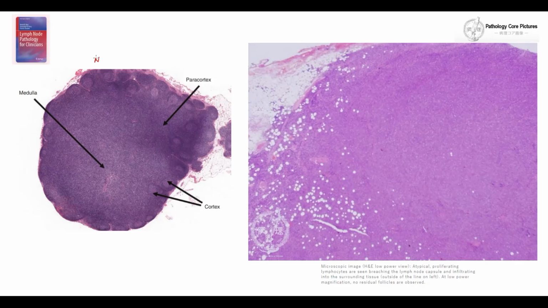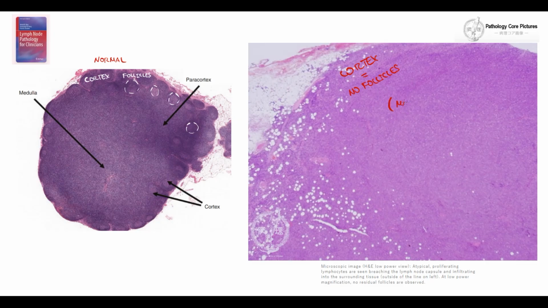How diffuse large B-cell lymphoma looks on histology. On the left, we can see a normal lymph node. You can see the organized cortex, the distinct follicles, the paracortex. Architecture intact, capsule intact, everything in its place. On the right, diffuse large B-cell lymphoma. Cortex has no follicles. The follicular architecture is completely effaced.